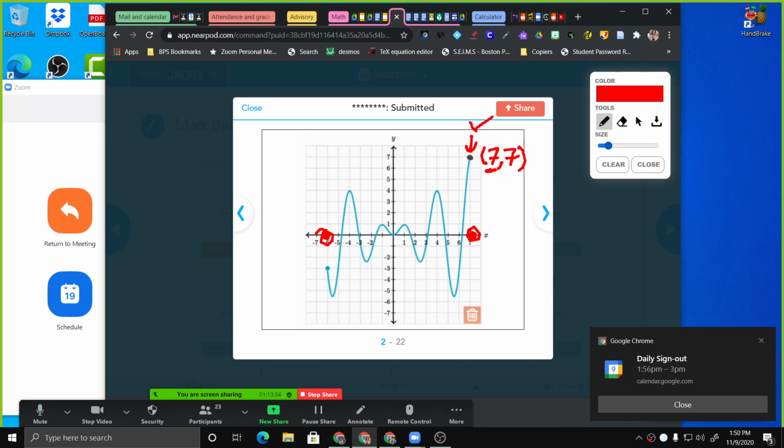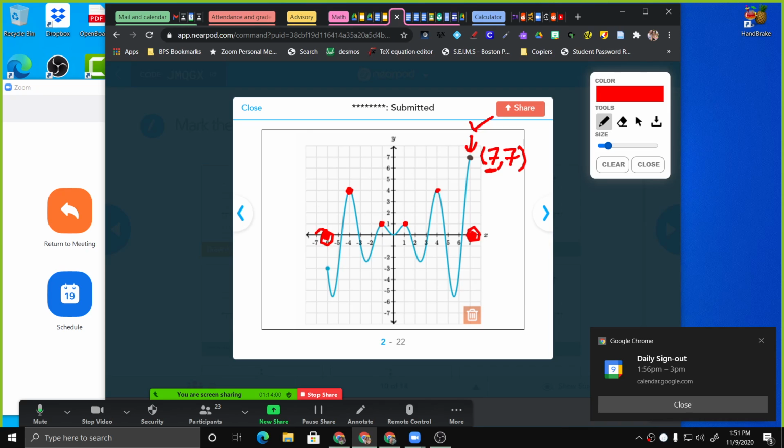There are a bunch of relative maxima, though. There's a relative maximum, there's another relative maximum, another one, and another one. So we have 4 relative maxima and 1 absolute maximum. What about absolute minimum? Is there an absolute minimum?